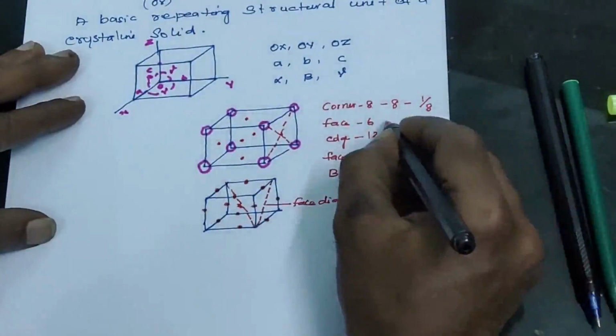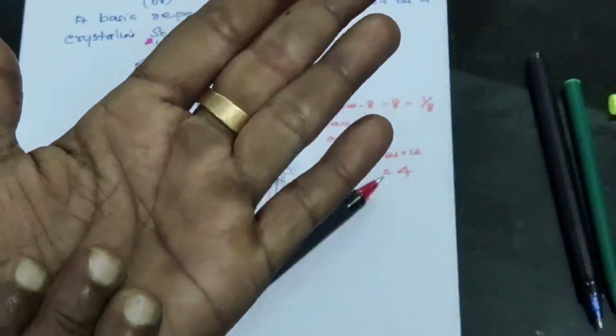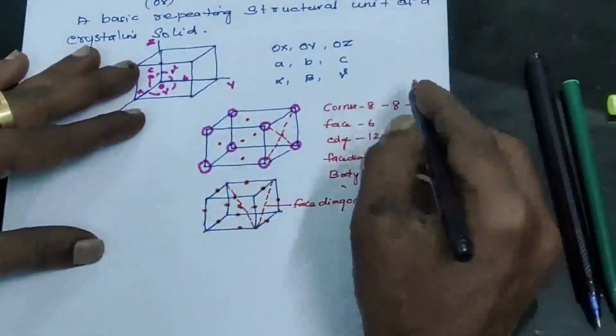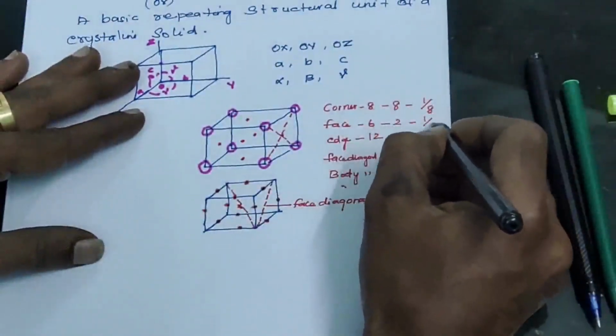Then the total faces 6. Imagine this is the face of the crystal. A face is shared by 2, so the contribution per unit cell is 1 by 2.